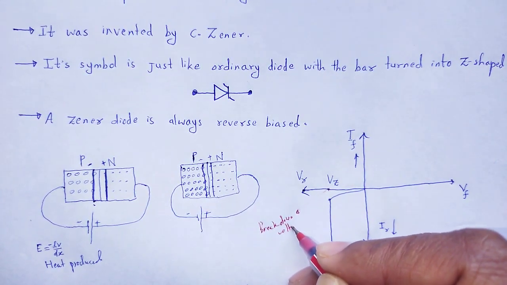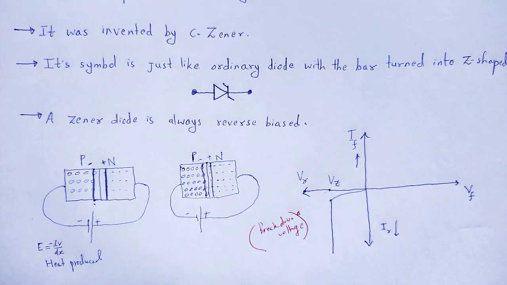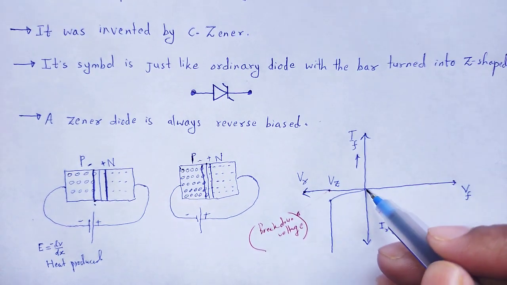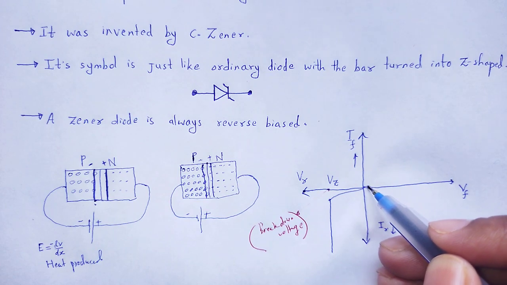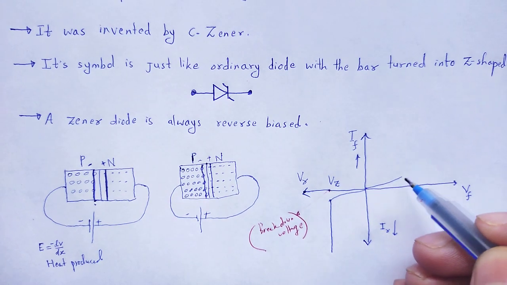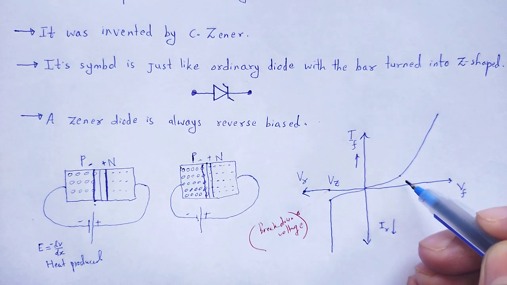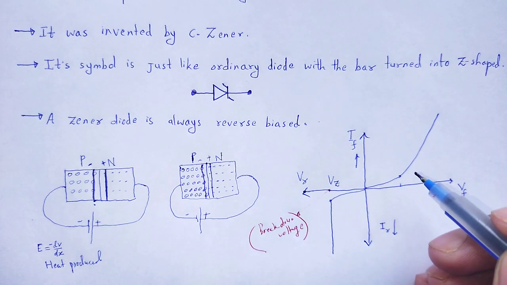Similarly, in the forward situation, at a certain voltage the flow of current increases, and that voltage is known as the knee voltage.